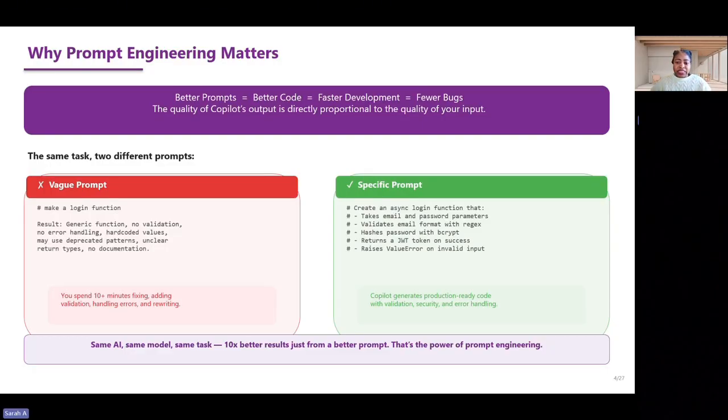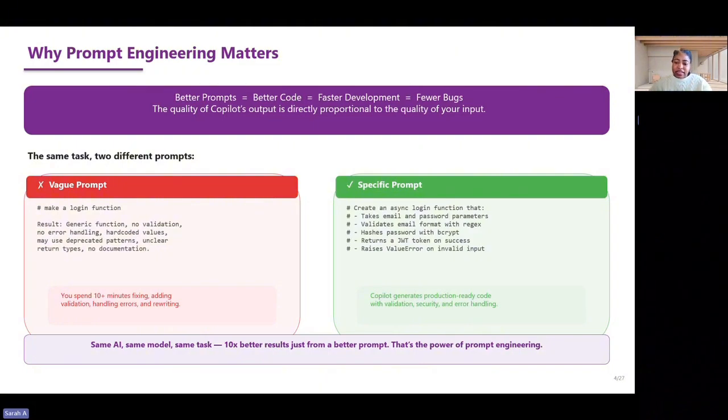It might give you a function that takes a username and password as plain strings and does a simple comparison that returns true or false. No validation, no hashing. Imagine Copilot giving you an application where users can type the password without the asterisks that hide it from other people looking at your password, right? So things like that matter.